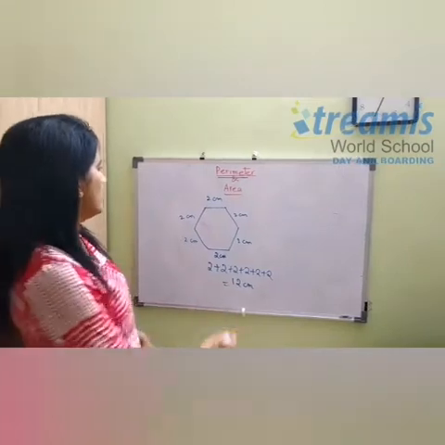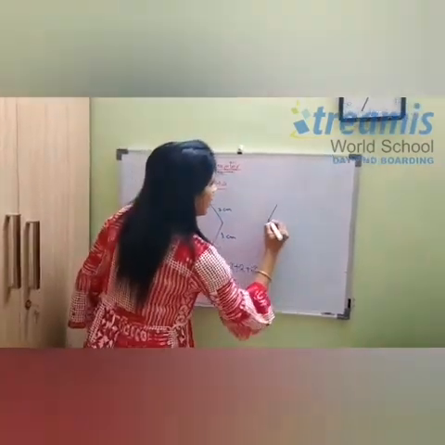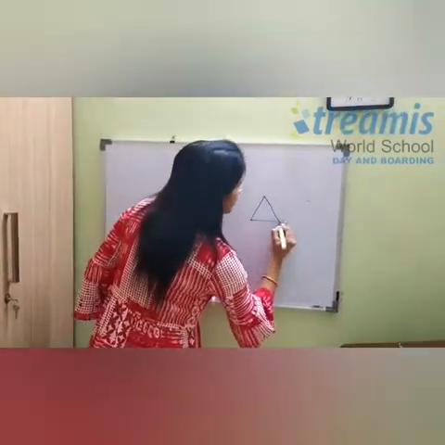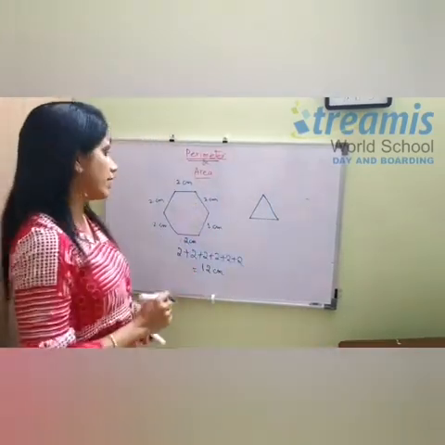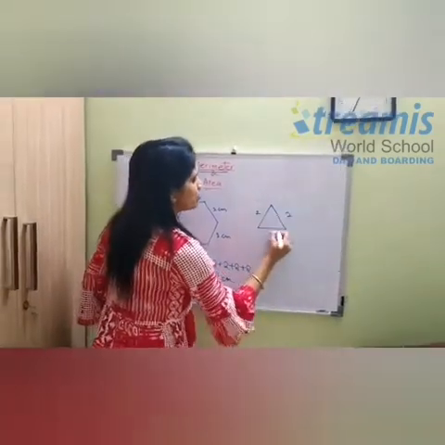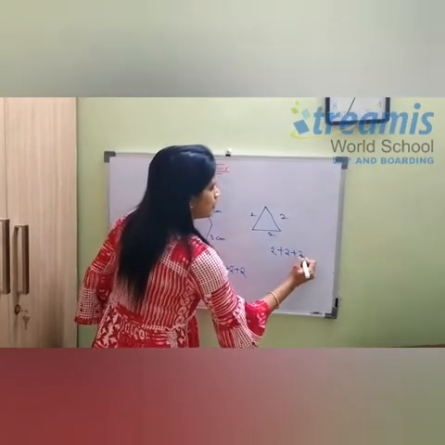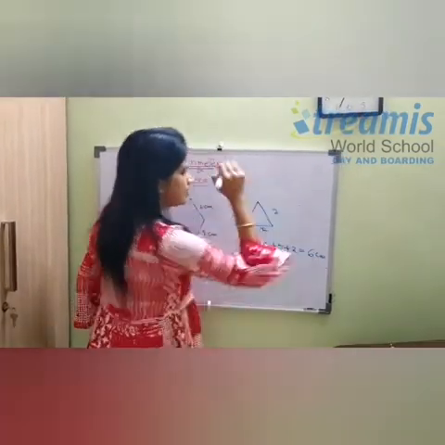This is how a regular polygon will be. Another example will be a triangle where all the 3 sides are equal. So that will be 2 plus 2 plus 2. The perimeter will be 6 centimeters.